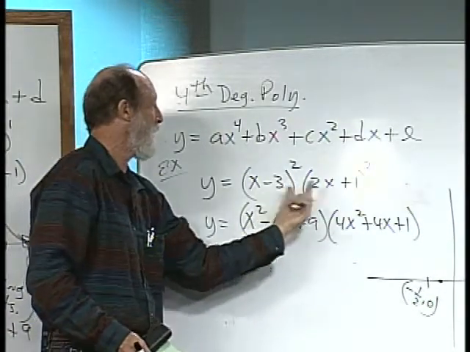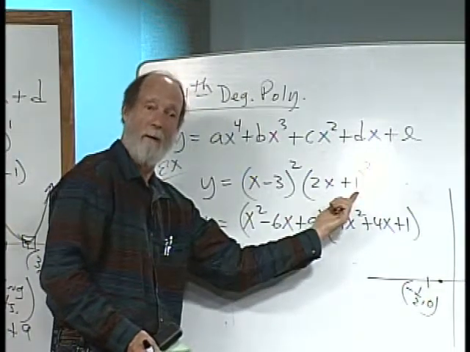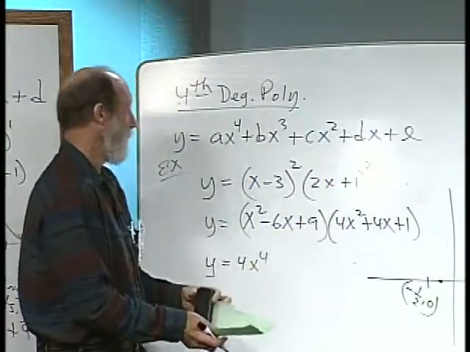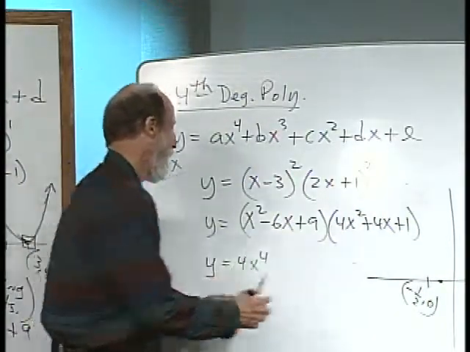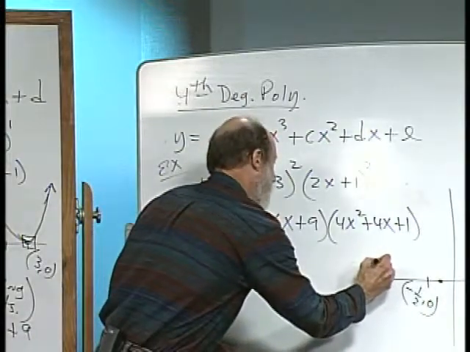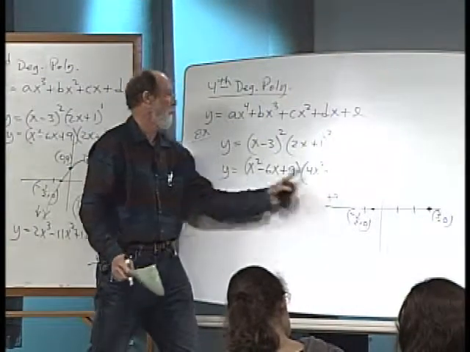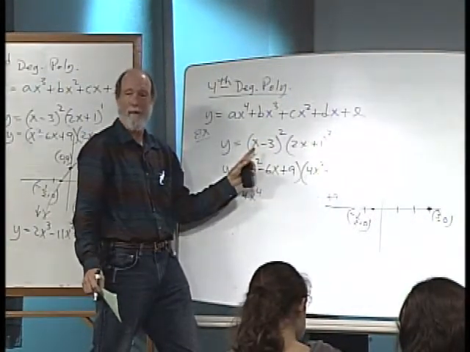Positive 9 here times a 1 is positive 9. Right? Everybody see it? Okay. So you can see the first term and the last term in the expansion if you're careful and look at the factored form.